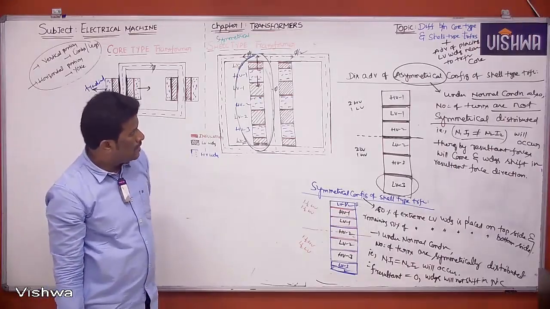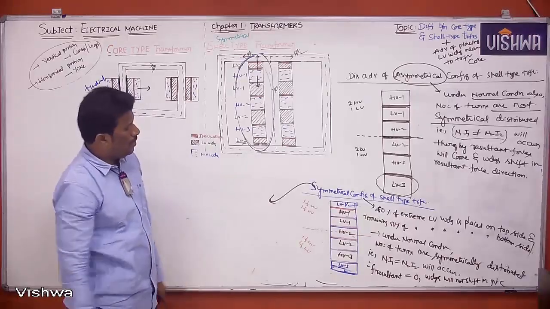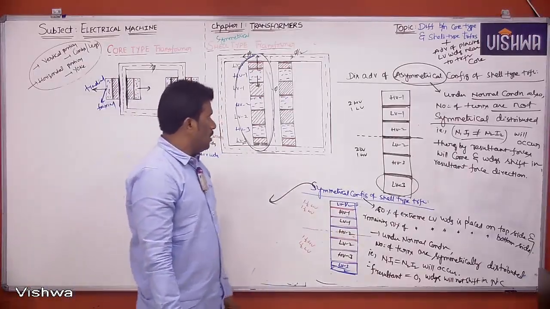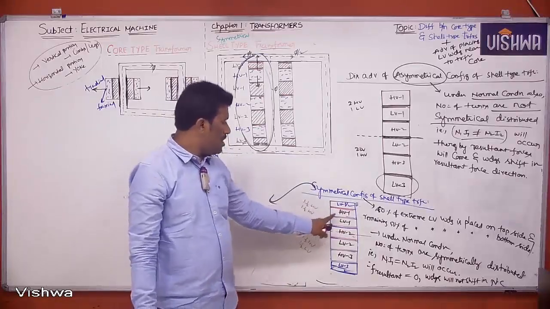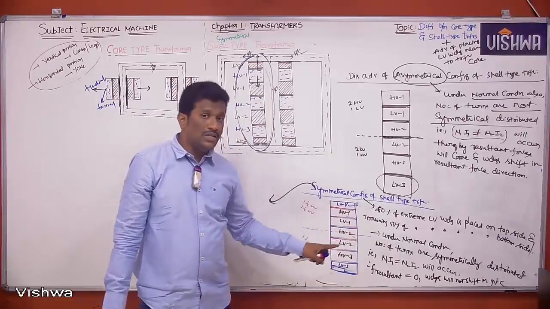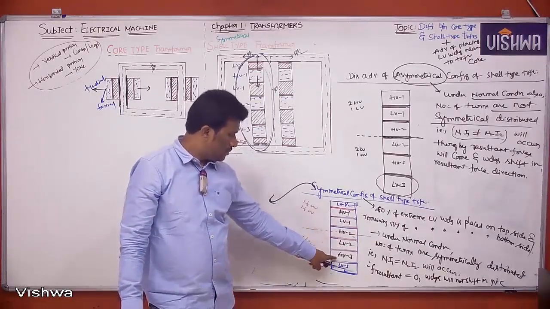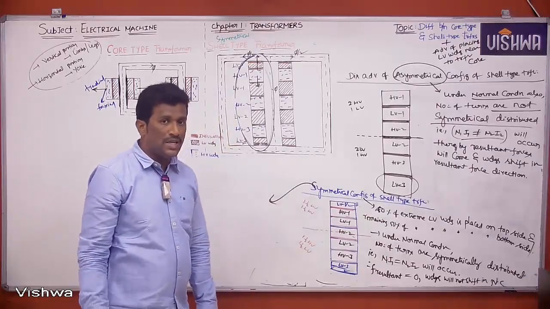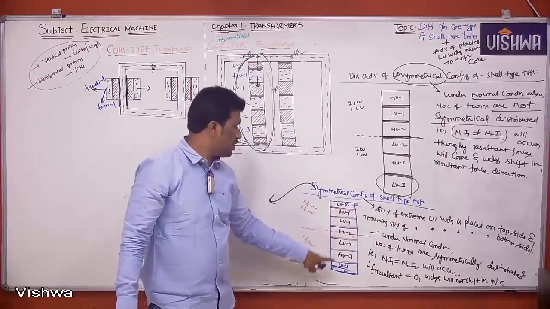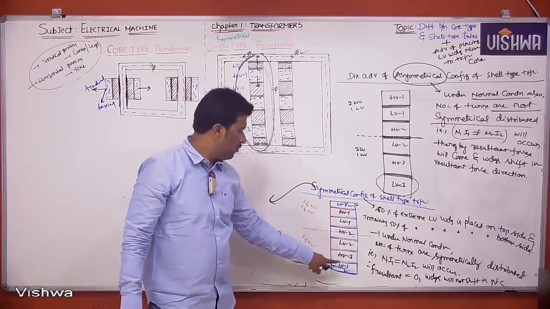So tell me, in a symmetrical shell type transformer, how do we find out that it is a symmetrical configuration? Very simple. In this example, how many high voltage sections are there? 1, 2, 3. How many low voltage sections are there after placing 50% of LV on the top side and bottom side? 1, 2, 3, 4.